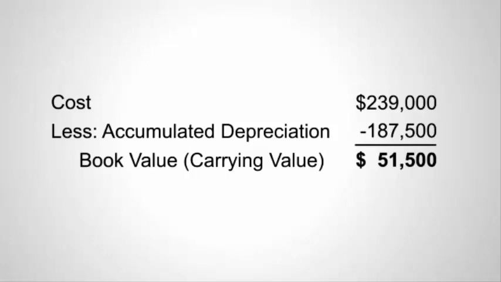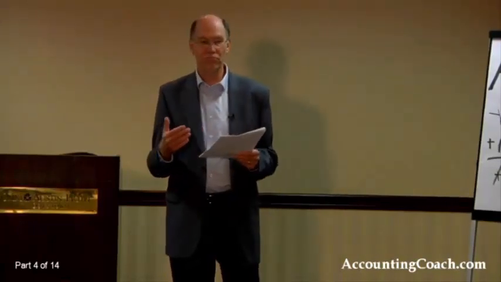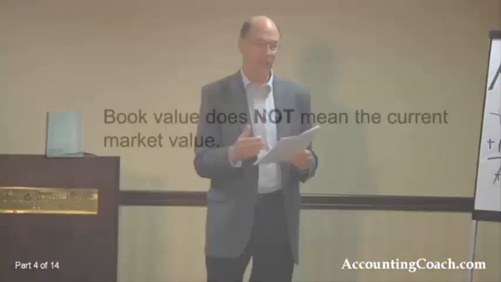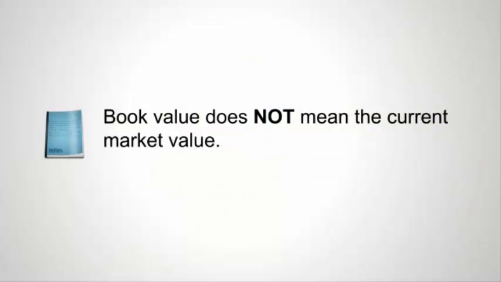Now the book value or the carrying value of $51,500 does not tell you the market value. So we cannot imply that book value means market value. Don't confuse our book value term with some automobile blue book or something.